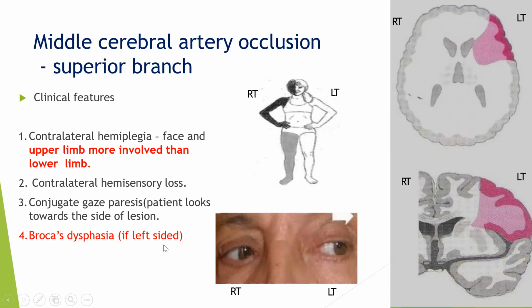Broca's dysphasia. Broca's area is present predominantly in the dominant lobe. Only when the patient has a left-sided lesion will the patient have a speech difficulty. This Broca's aphasia or dysphasia will occur.